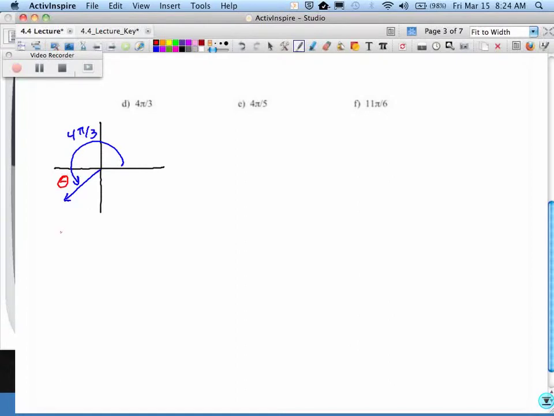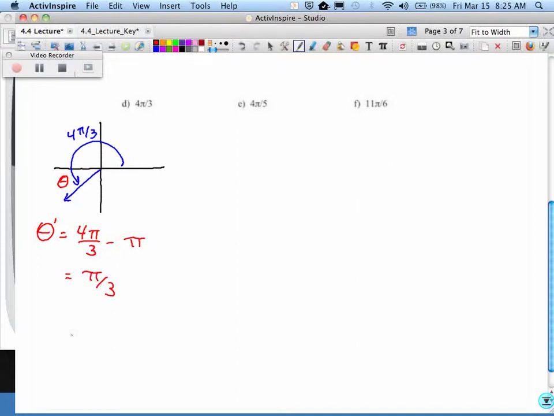I've gone beyond the 180. So how much more? So my theta in this case would be the given angle minus 180. What's 4 pi over 3 minus 180? Or 4 pi over 3 minus pi? 1 pi. Yeah, pi over 3.